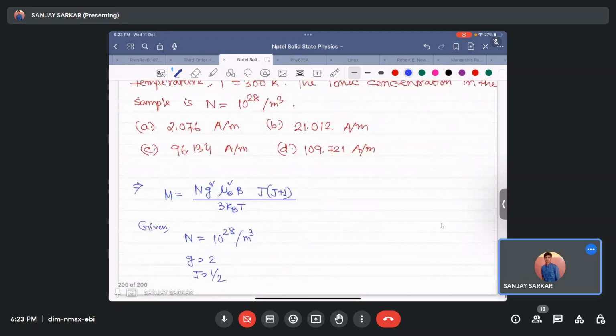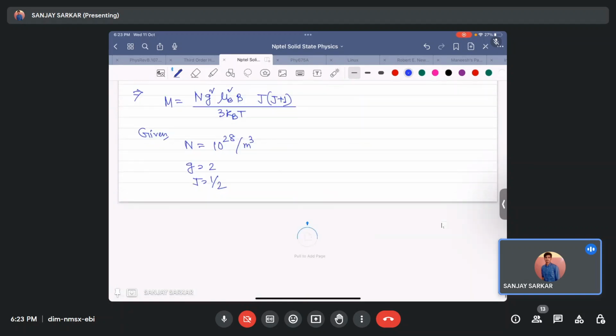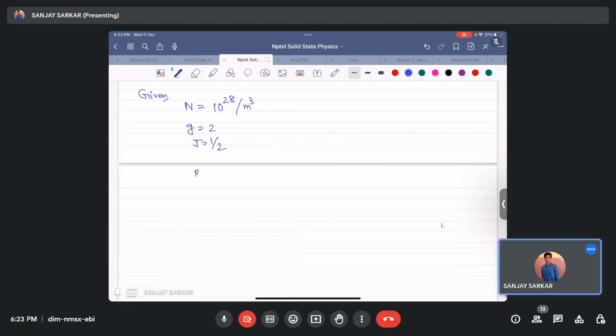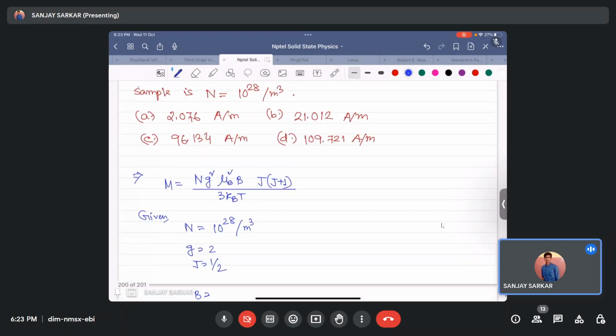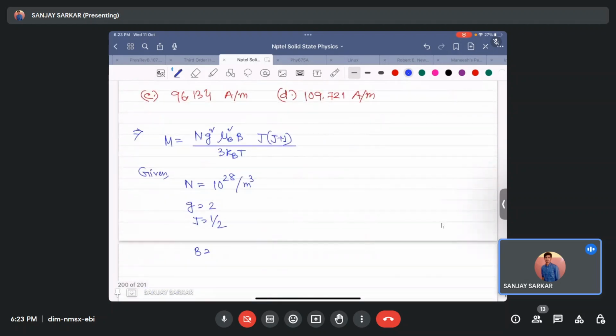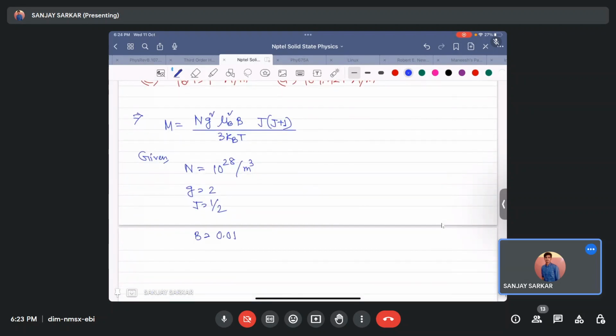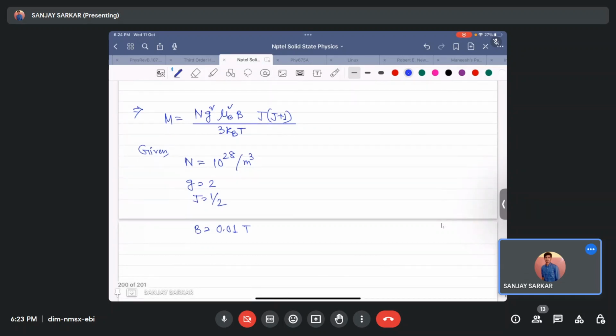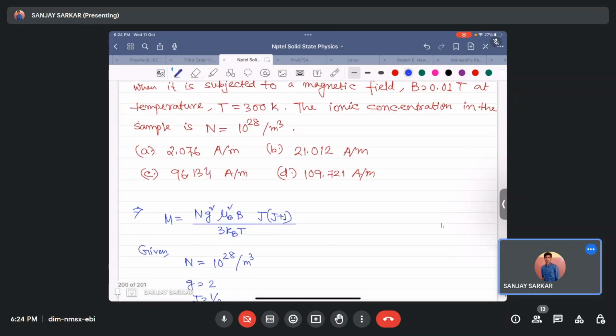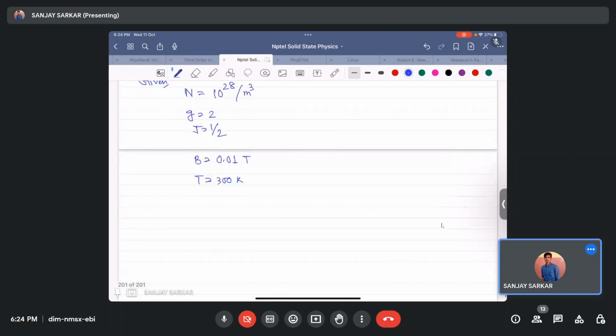Then mu B you already know. B is 0.01 Tesla, and kB is given. Temperature T is 300 Kelvin. So everything is given.